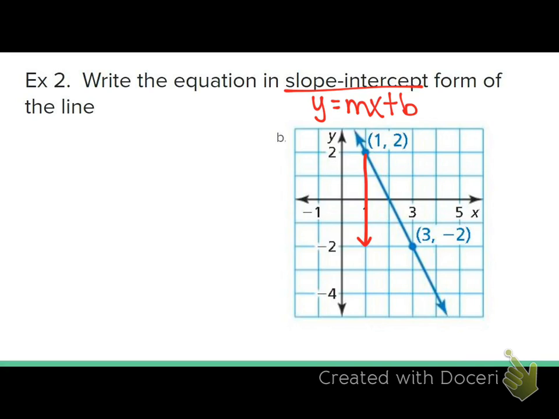Down 4, so that would be what kind of 4? A negative 4. Negative 4 over, what is my run? Positive 2. Negative 4 over positive 2 simplifies to be negative 2. Questions about finding our slope?